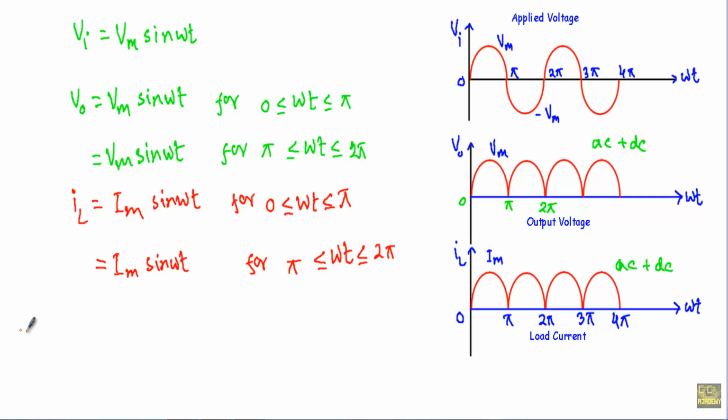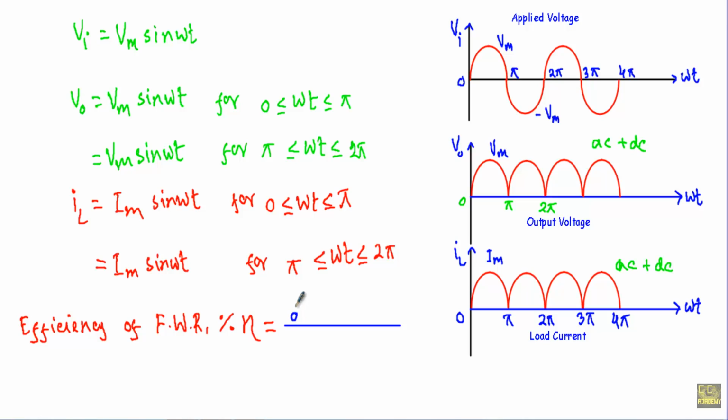Here I will calculate the efficiency of a full wave rectifier, which we will denote as eta, but I will calculate percentage of efficiency. So I will take eta equal to, we calculate the efficiency by taking the ratio of output by input and multiply that with 100.